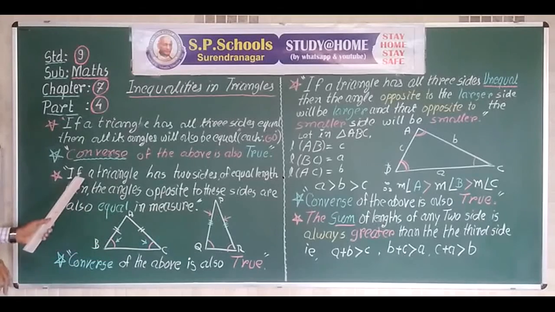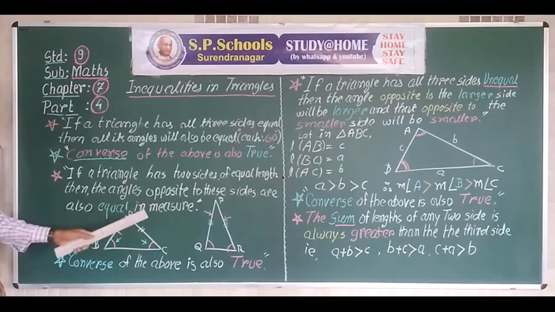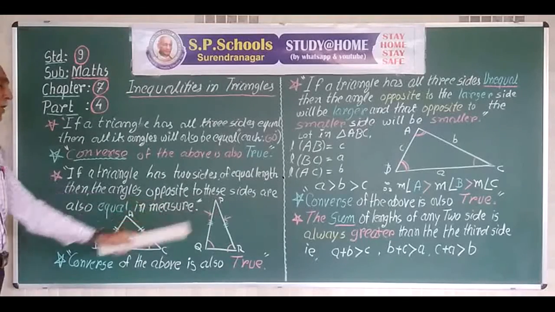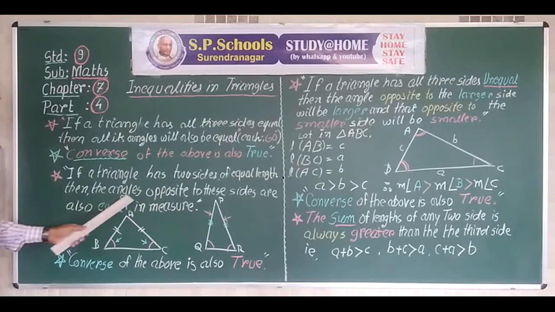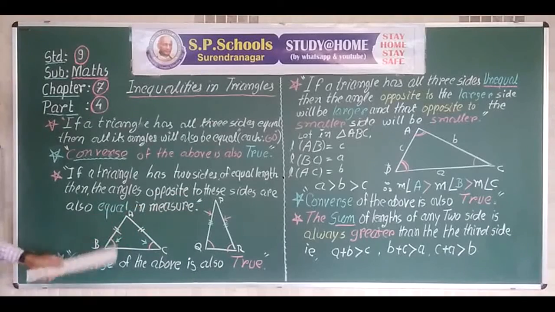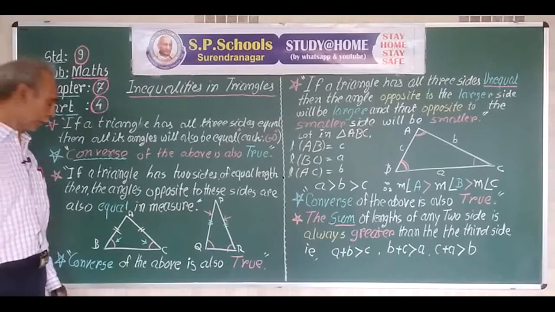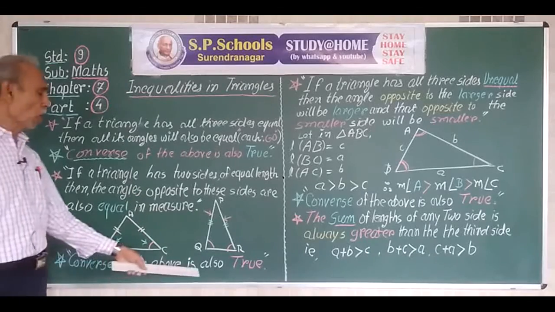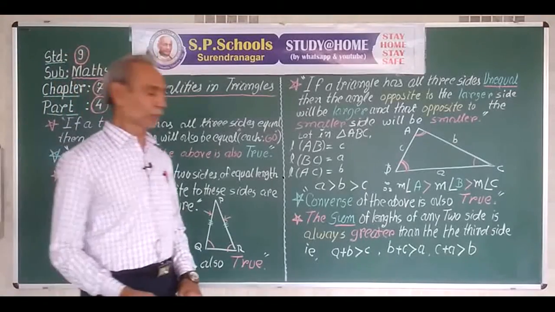Converse: if a triangle has two angles of equal measure, then the sides opposite to these angles will be equal in length. Thus, the converse of the statement is also always true.